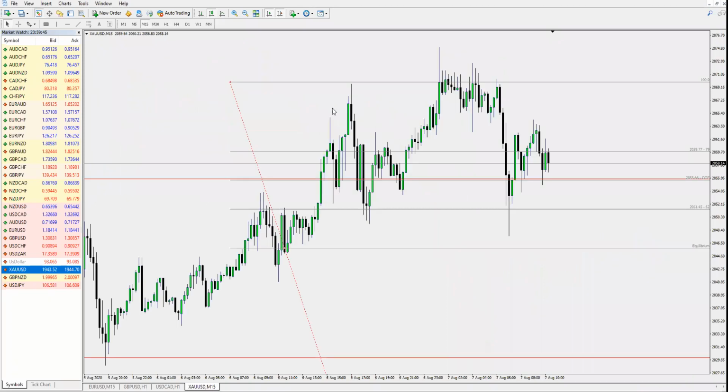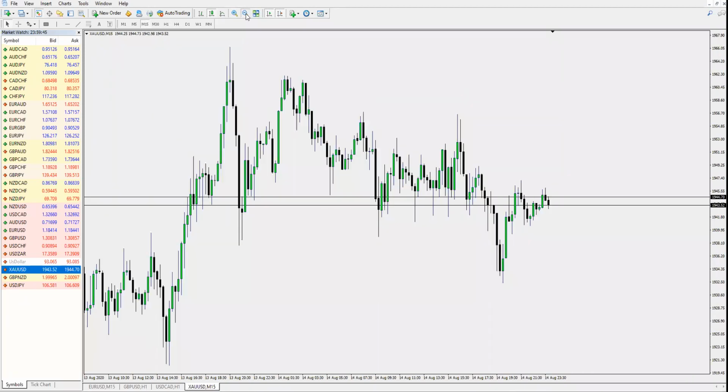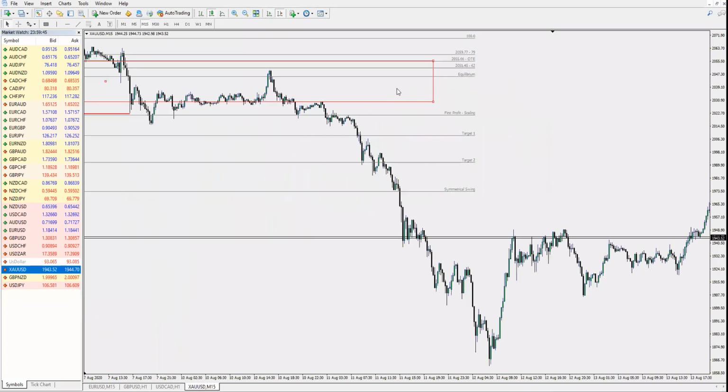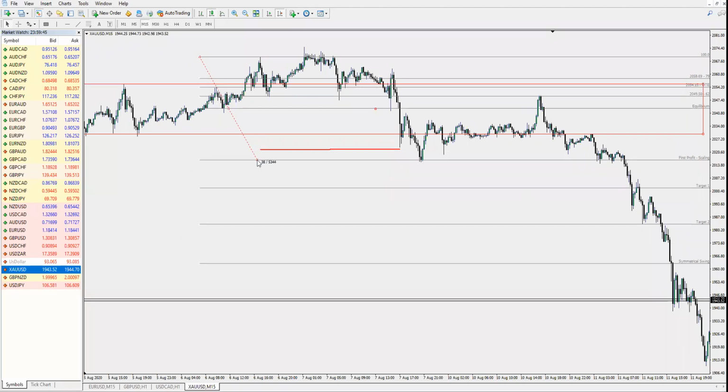If we go down to the 15-minute chart and zoom out in that range for last week, let's see if we got an entry here. We would have gotten a 62% retracement entry over here.